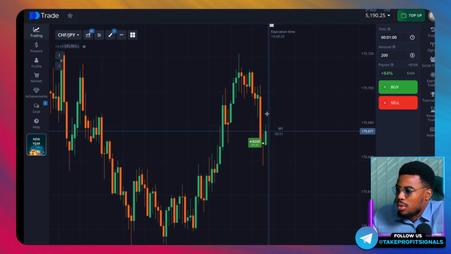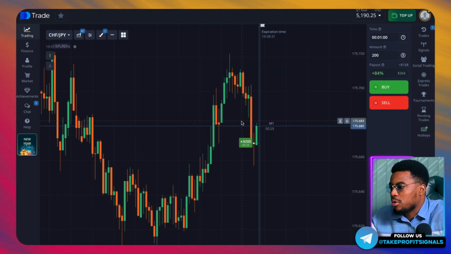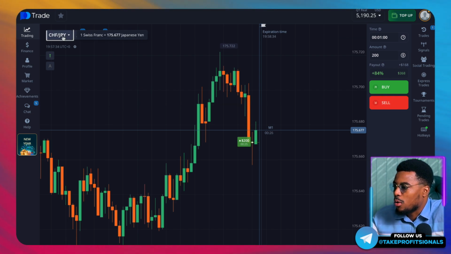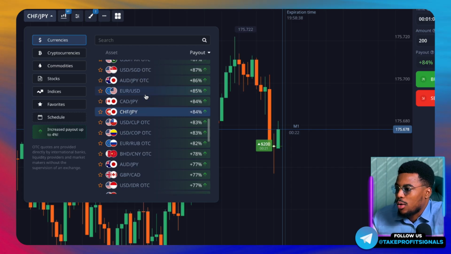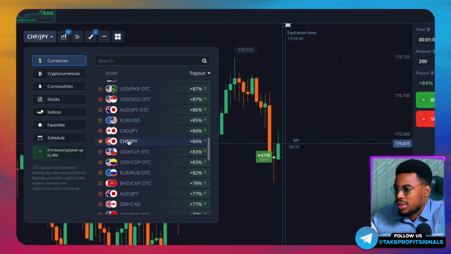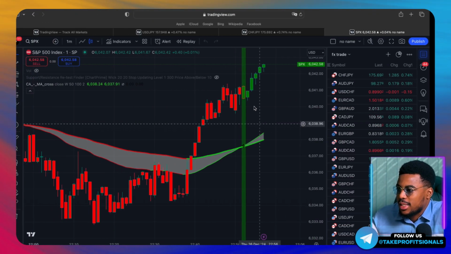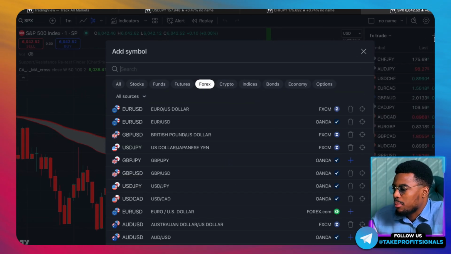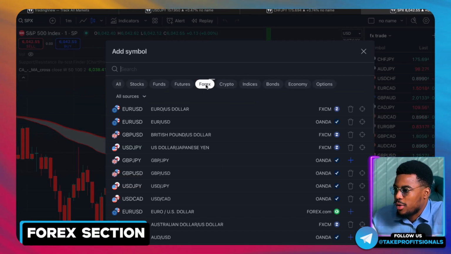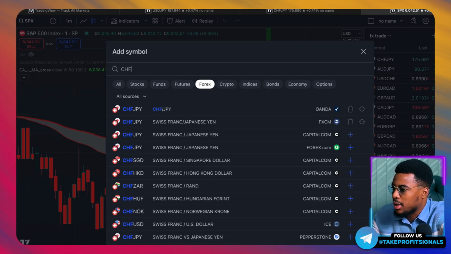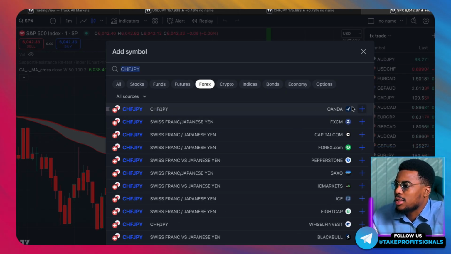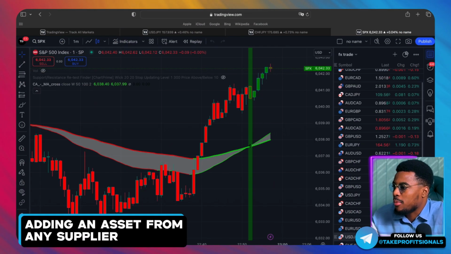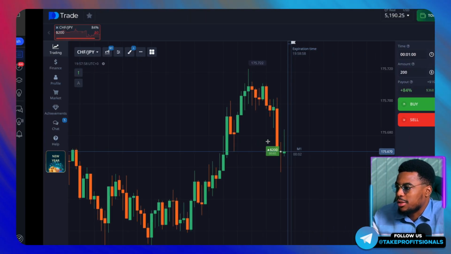Then we go to our broker, absolutely any broker where you trade. Open correctly pairs without OTC marking. That is, we choose only exchange currency pairs and the name of this asset right here. Click plus, choose forex section and write the name of any asset we need. That is, we can add an asset from any supplier. The chart will not differ a bit.